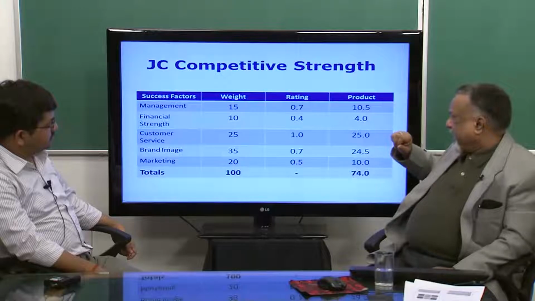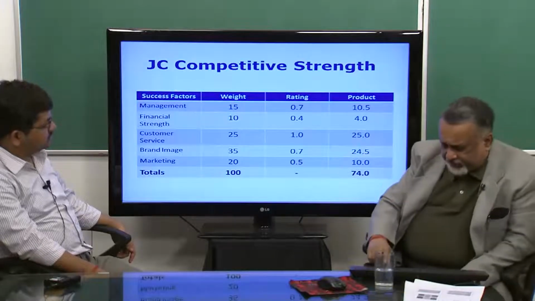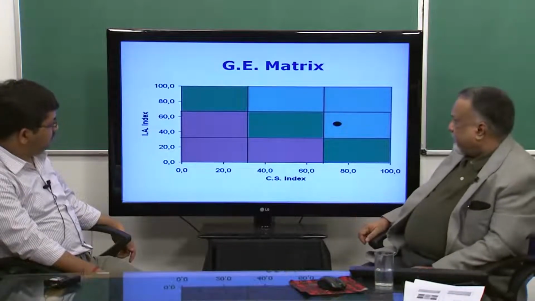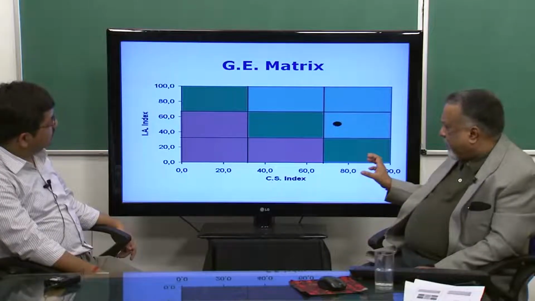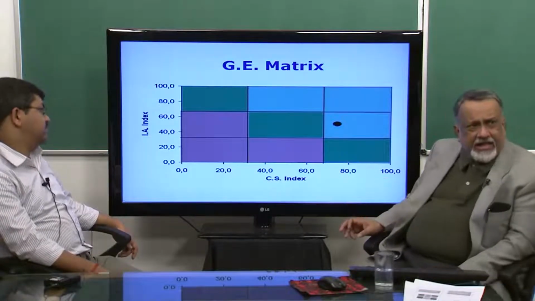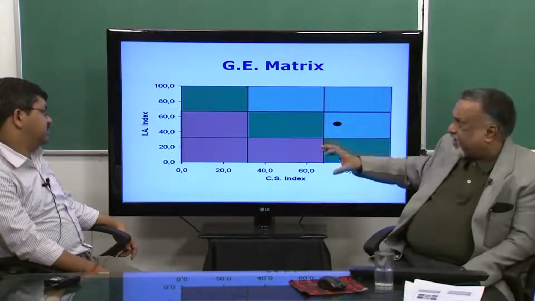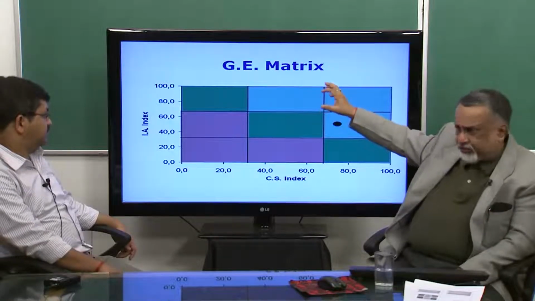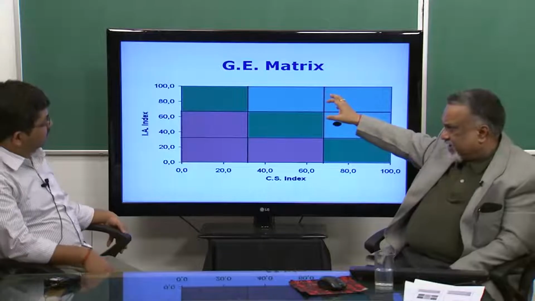Having got this, we can now actually put the company on this GE matrix. This also we have discussed earlier.